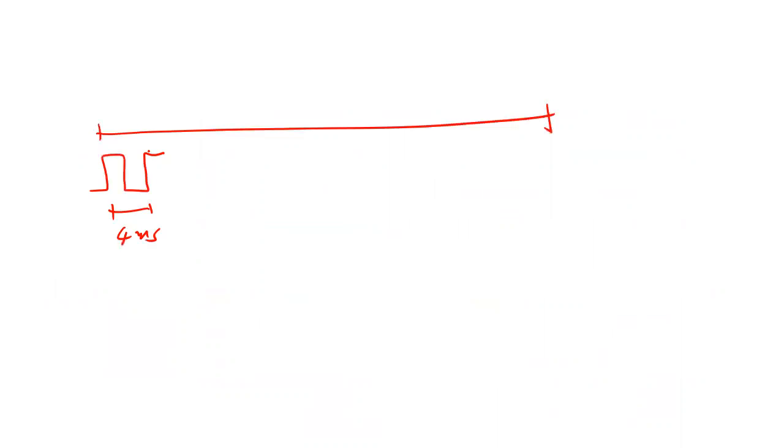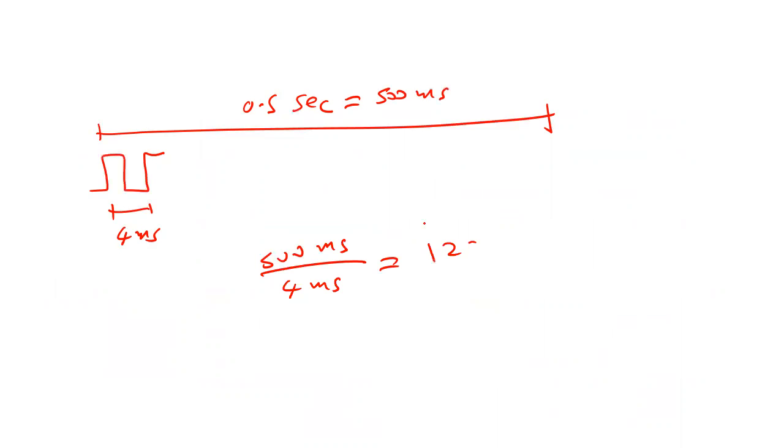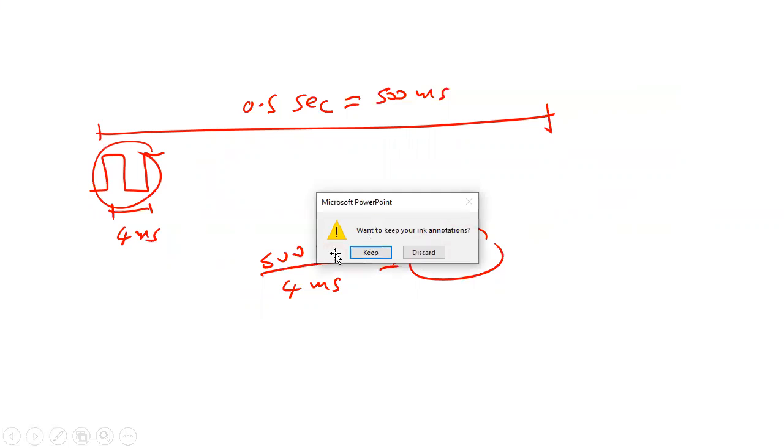This is for one cycle. I wanna run it for half a second, which means 500 milliseconds. So if you divide 500 milliseconds by 4 milliseconds, it's gonna be 125. So I have to repeat this 125 times. Okay, any question? It's the same thing, but I just changed the numbers.